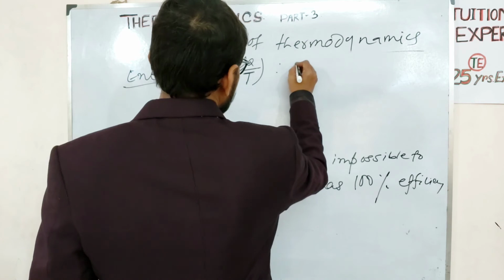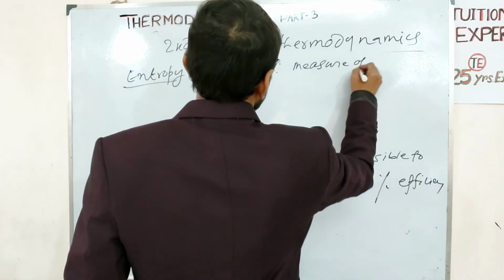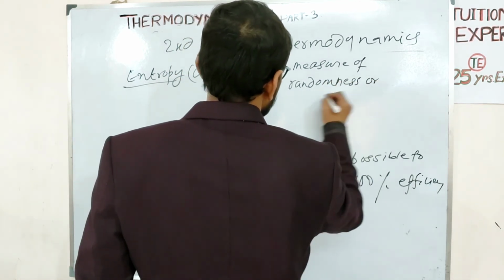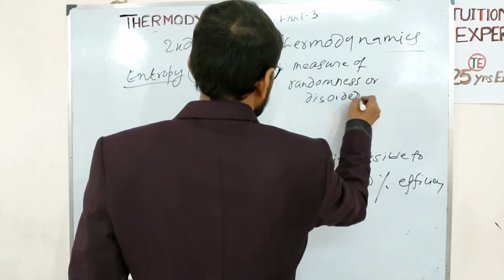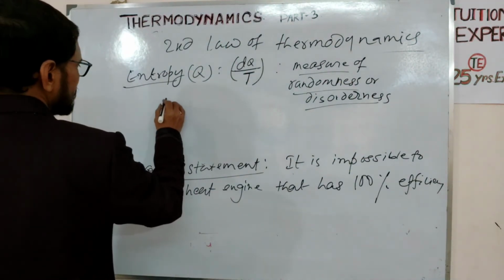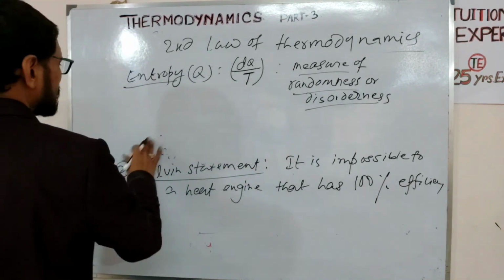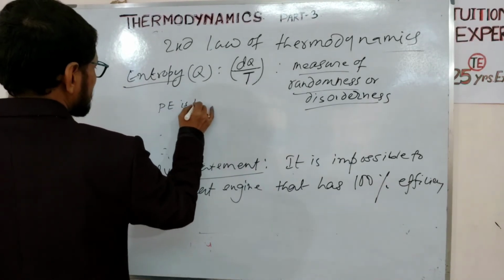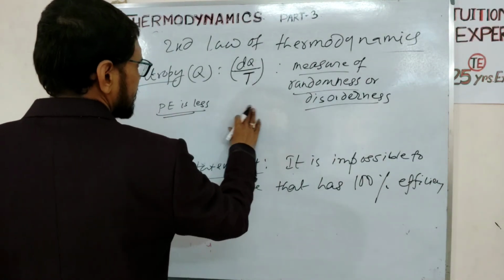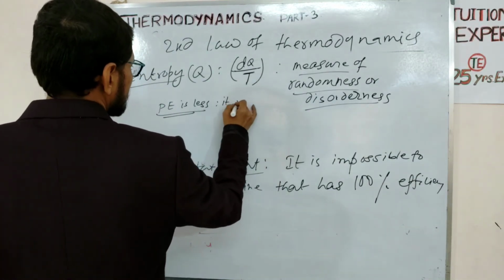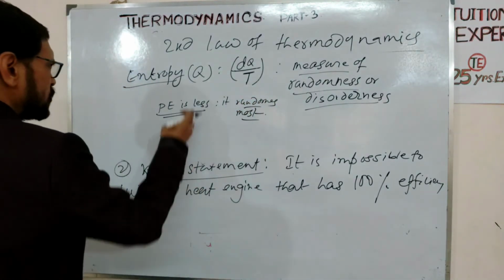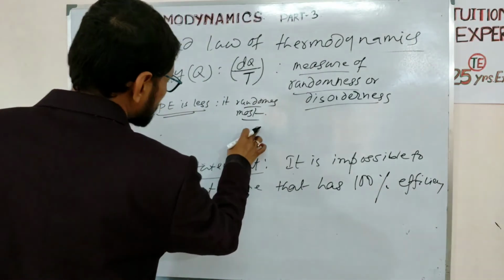Actually, entropy is the measure of randomness or disorderliness. When the potential energy of any substance is less, it is most random, that is, entropy is more.